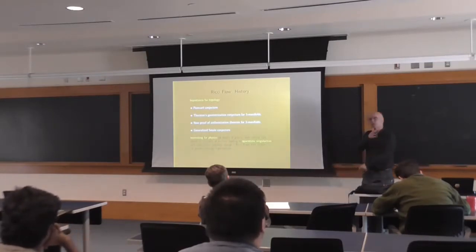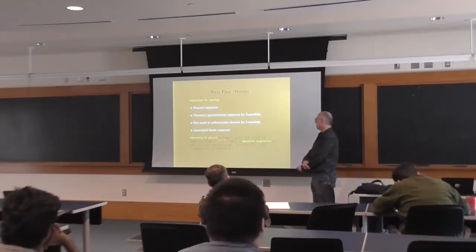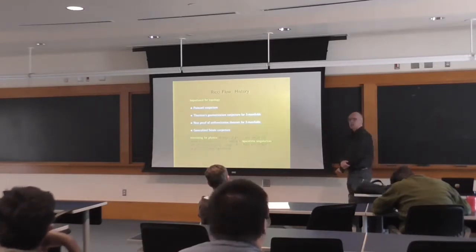They typically have some monotonicity property on the flow. And in particular, as you can control these functionals, what that leads to in the mathematical literature is a very precise control over space-time singularities.